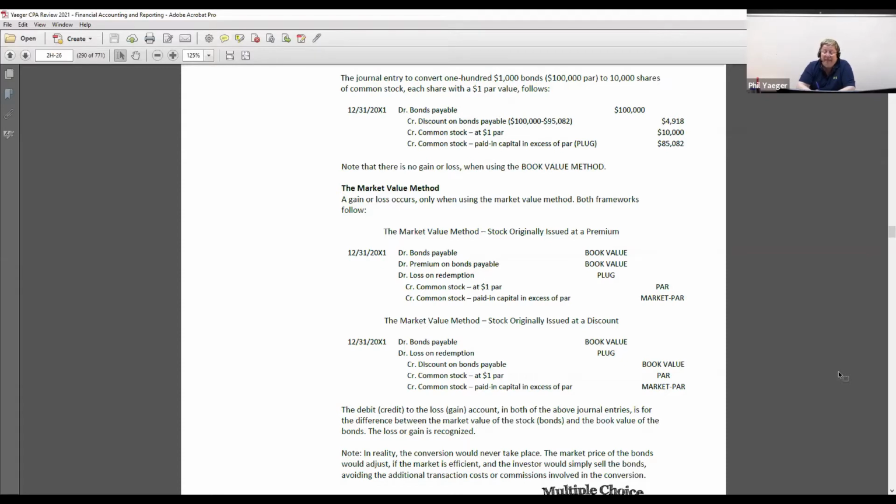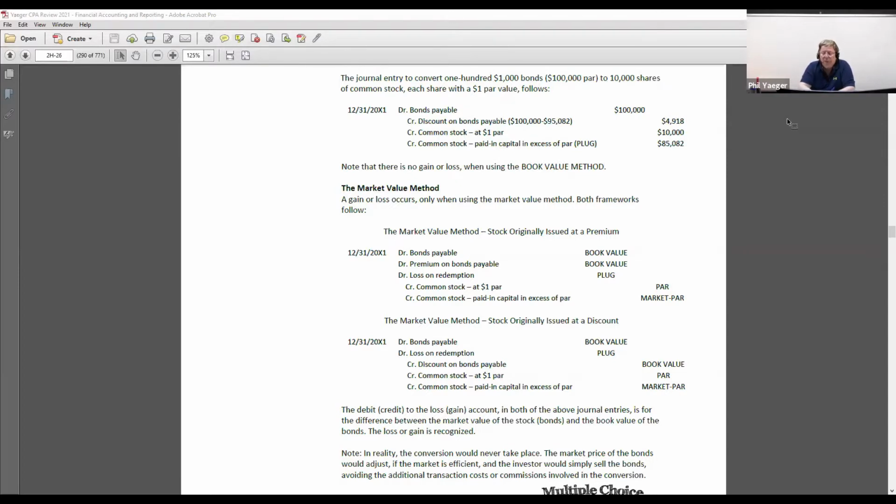You see, first of all, you have to have the carrying value of the bonds. That's the bonds payable plus the premium or less a discount. Now they have to give you the fair market value of the common stock you're converting to. What makes up the fair market value of the common stock? What two amounts?